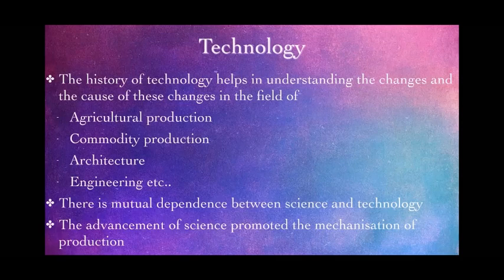For example, if you see the production of different fabrics in the textile industry, initially everything was done by hand. We had handlooms. Because machines were invented, the whole production process was mechanized, or we can say we started using machines to create these fabrics.